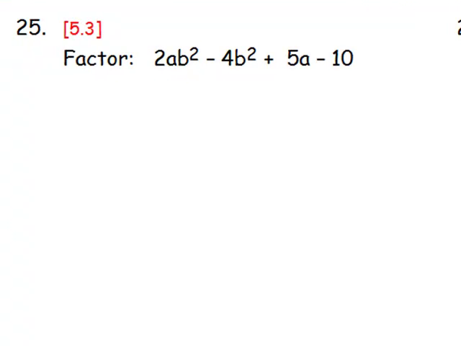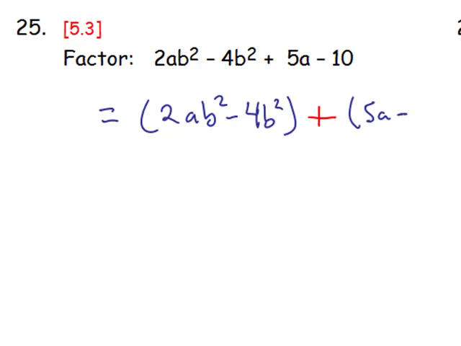Okay, in number 25 we have 4 terms, and this requires us to look at factor by grouping. That means 2ab squared minus 4b squared are grouped together, plus sign's important, 5a minus 10 are grouped together.